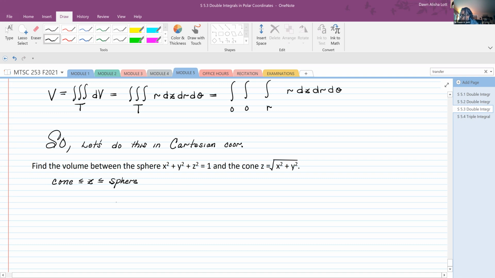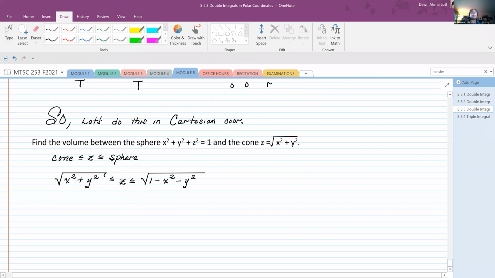So z is going to go from the square root of x squared plus y squared to the square root of 1 minus x squared minus y squared. Okay, so that's where z goes from.